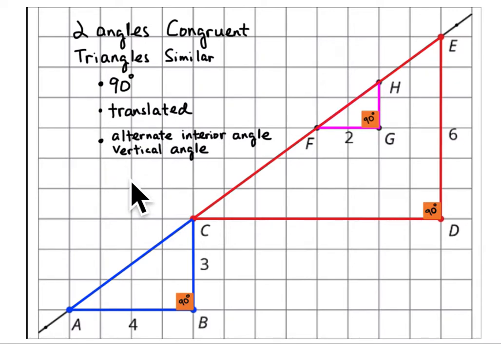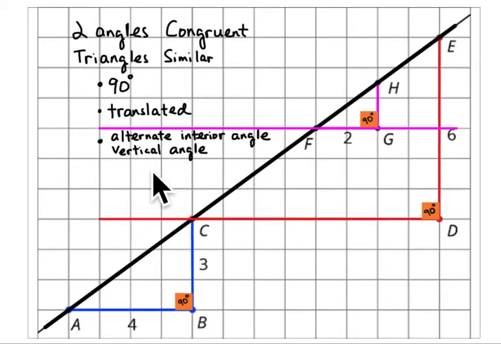Another way to do that is to use this idea of alternate interior angles. So 180 degree rotation combined with a vertical angle, and we're going to review that in just a moment. So these are the 2 ways. One is to translate it, and the other is to use alternate interior angles and vertical angles.